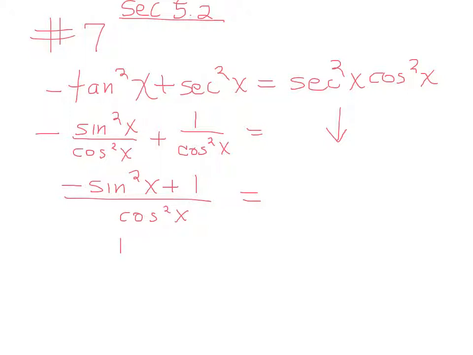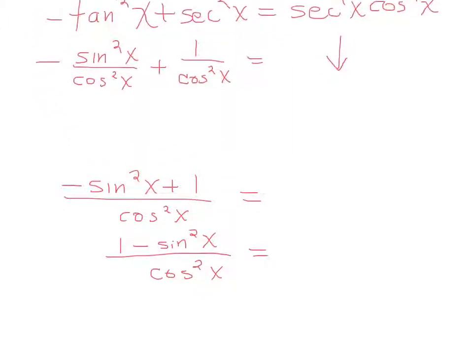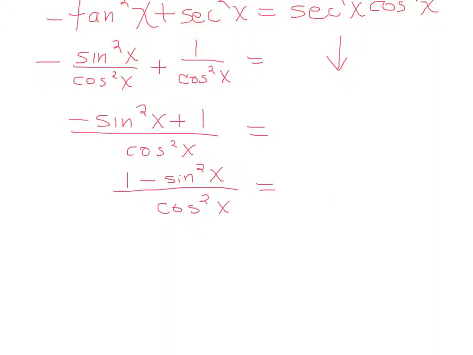1 minus sine square of x. You just rewrite it, right? In the form that you have this formula on the Pythagorean identities, right? So, what is that equal to?